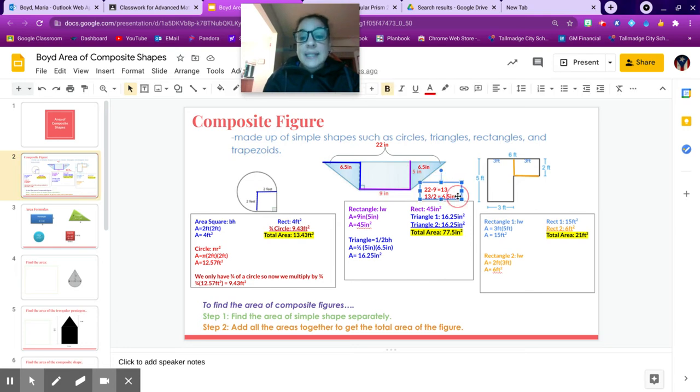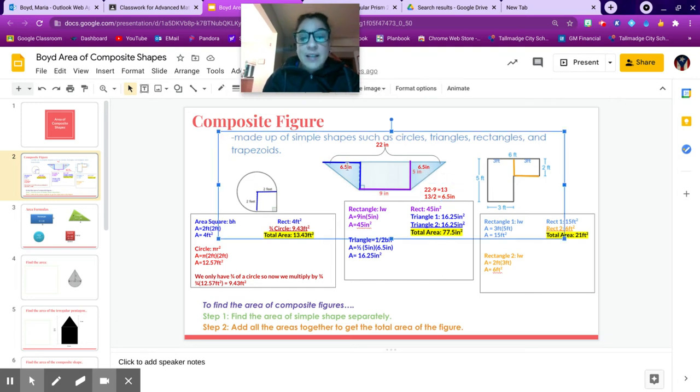So the first thing I did here is I took 22 inches, which is again the full length of the top of that figure, and I subtracted the 9 inches that the rectangle in the middle takes up. That left me with 13 inches to split between the 2 triangles. I know the 2 triangles are congruent. They're exactly the same. So I divided that 13 by 2, and that's where I got the 6.5 inches for the triangle.